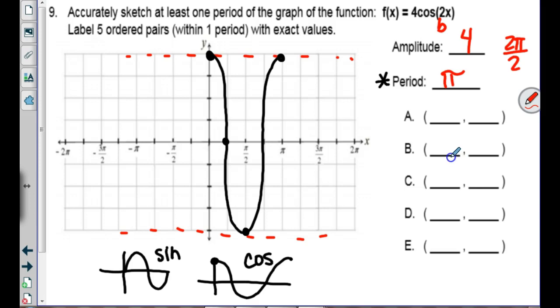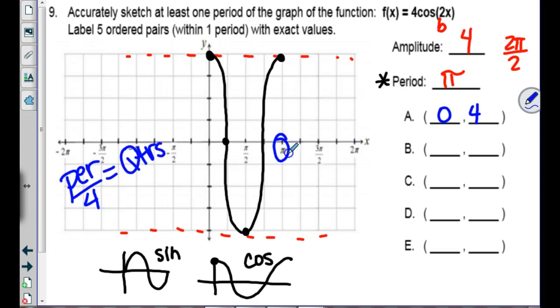So anybody want to start? Yeah, I literally have to say it, because I will get them all backwards if I don't. Across 0 and up 4. Okay. This was pi where it finished. So to do quarter points, remember you always take the period divided by 4 to give you the quarter points.